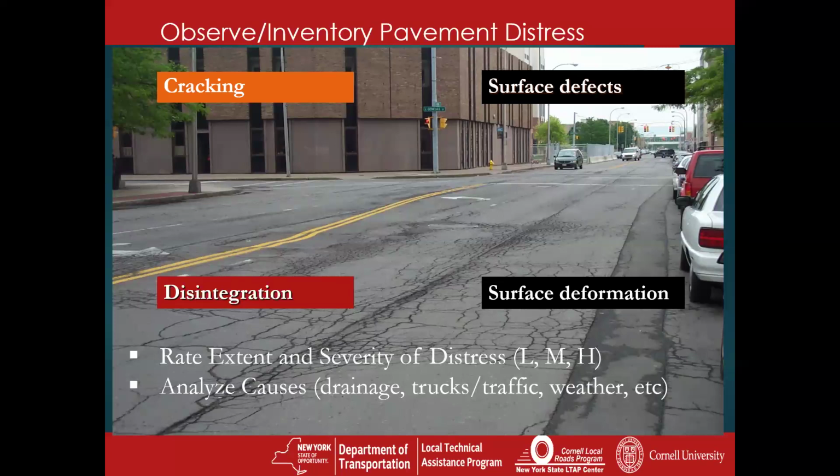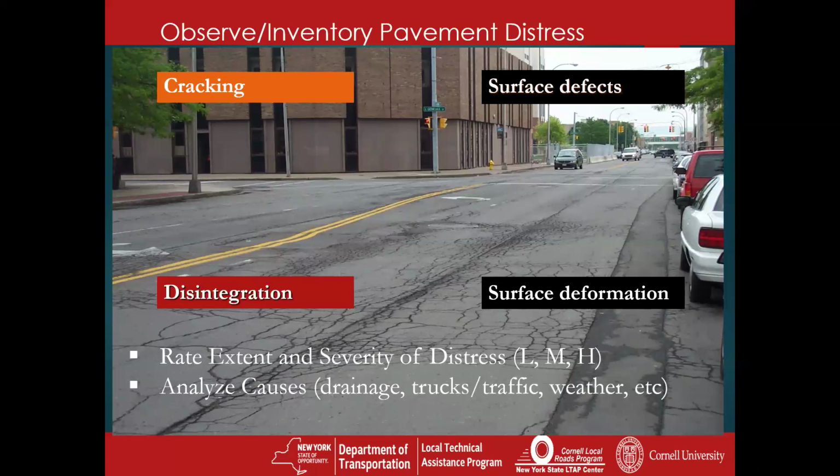That's where you're looking at raveling, bleeding, polishing, those things that are actually happening at the surface and affecting the stopping and friction of the pavement surface. And then last but not least, your surface deformations, your rutting, shoving, corrugations, all those kind of things.